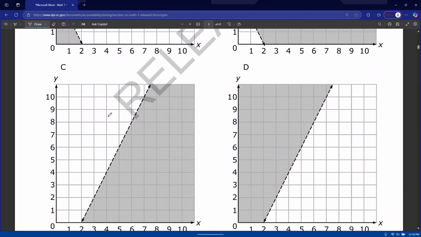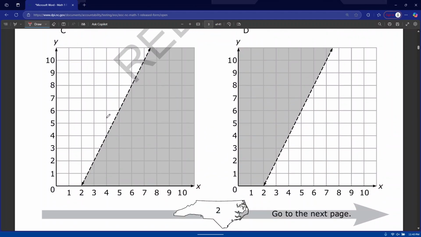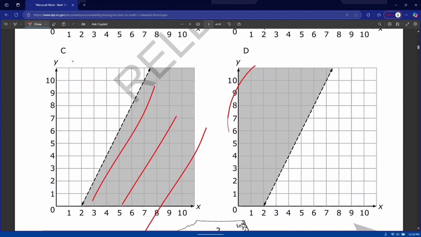Okay. C and D have the right slope and y-intercept. However, you can see that for C, the shaded region is below it. We don't want the shaded region below it. We want it on top of it, like in D. So D is the right answer, and C is the incorrect answer.